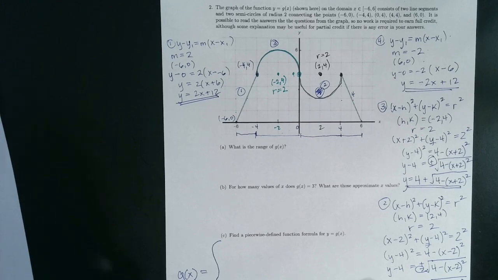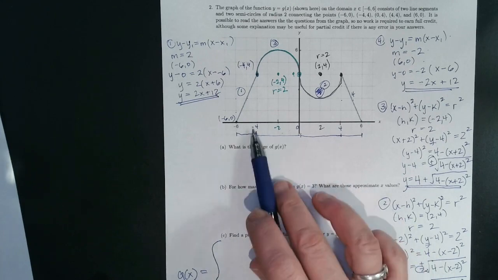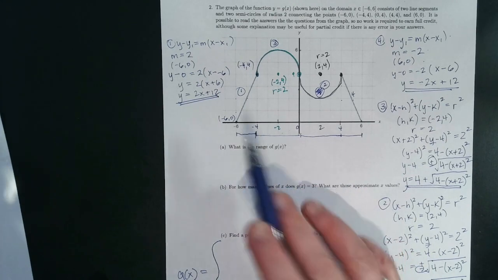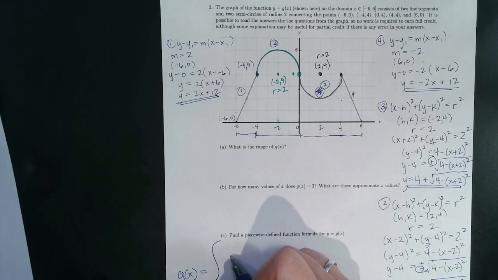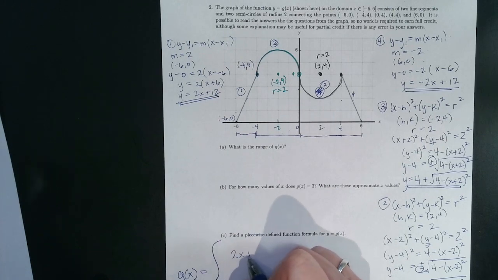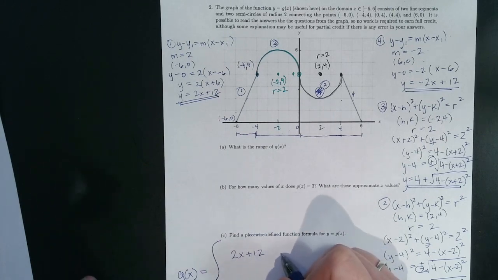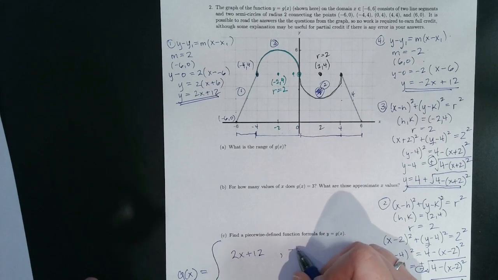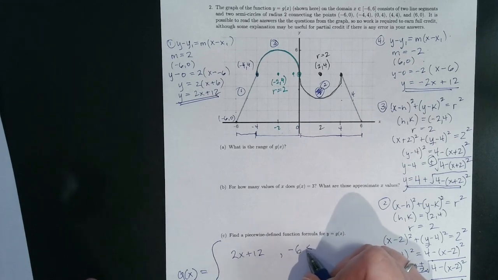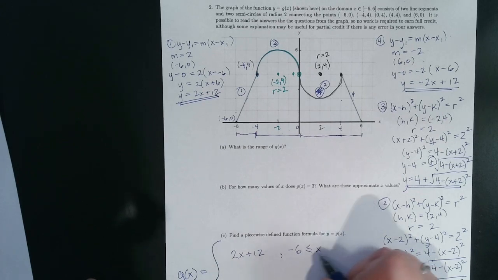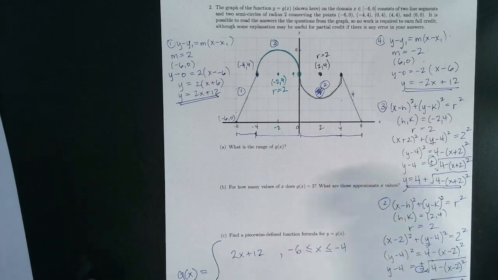So it doesn't matter whether you start at the right and work left or the other way. Let's start with this part right here. So our equation is 2x plus 12, and that's for the situation when negative 6 is less than or equal to x, and that's less than or equal to negative 4.